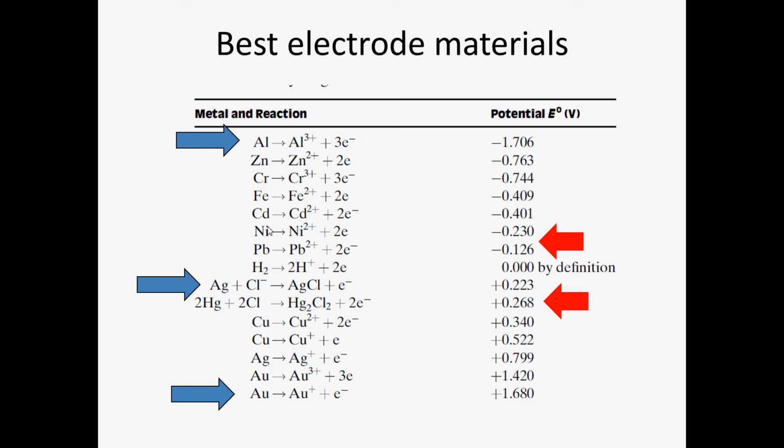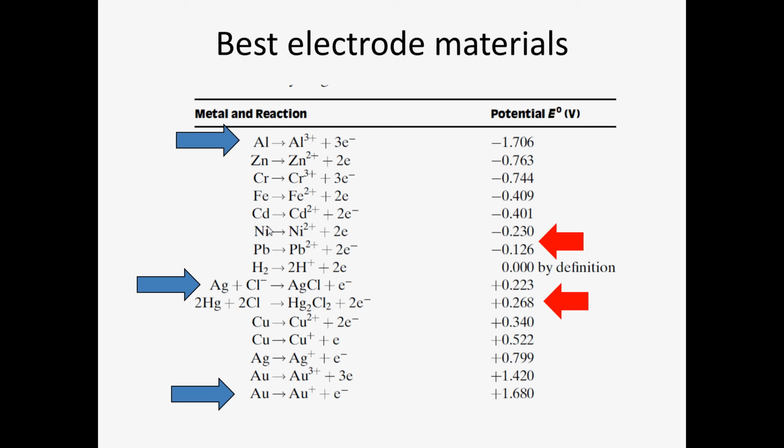So gold and aluminium sit in the non-polarizable band of the spectrum. Silver chloride, and something that we can't use, which is mercury, do the other way around. If you look at that, one has a very low half-cell potential and one has a very high half-cell potential.